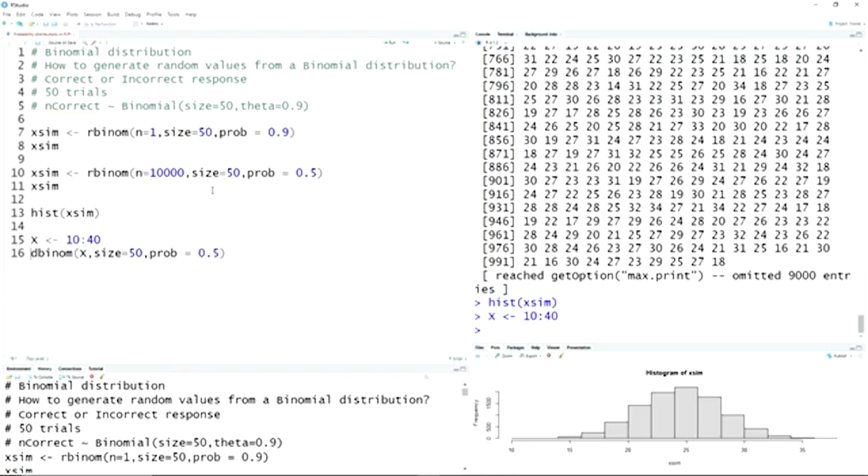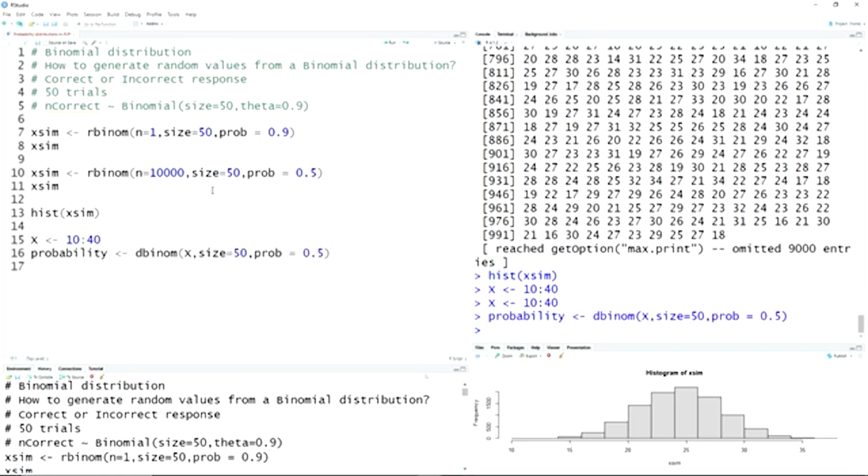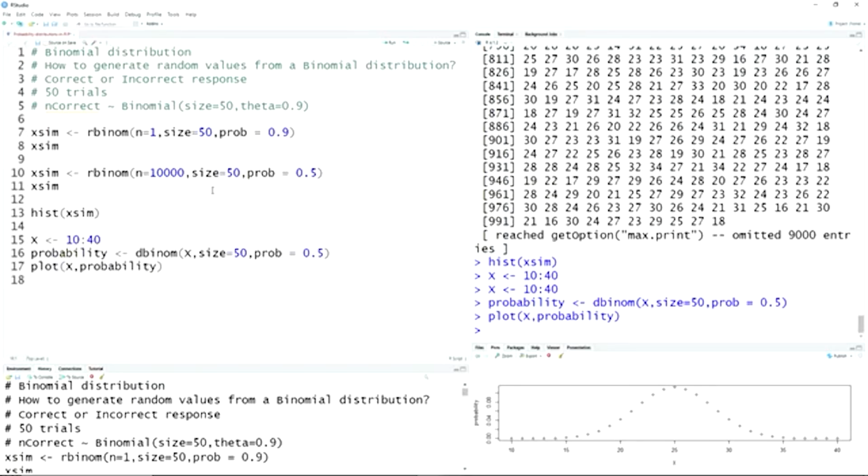So this will be called probability, right? For each value of x, I've calculated its probability given that these come from a binomial distribution with these parameters. Now I can plot x versus these probabilities. So this is the probability mass function.